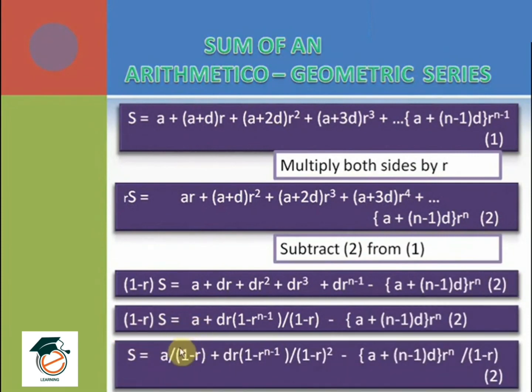Thus s is equal to a upon 1 minus r plus dr into 1 minus r to the power of n minus 1 whole divided by 1 minus r square, because we divide by 1 minus r, minus a plus n minus 1 into d into r to the power of n whole divided by 1 minus r. And this is actually the formula for sum of n terms of an arithmetic or geometric series.